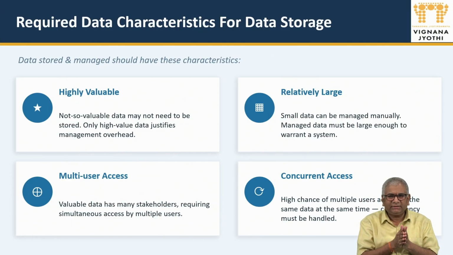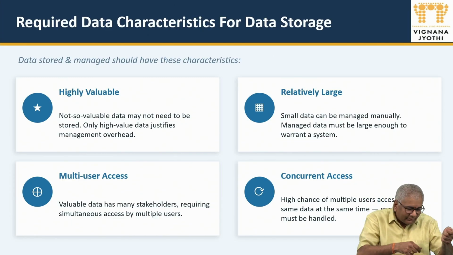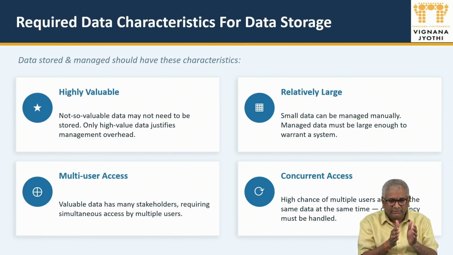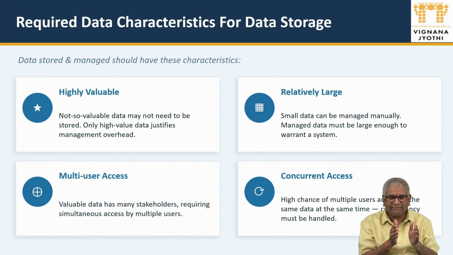You can't just write them on a paper and throw it away, and then again flounder around that paper and figure it out, right? That's very valuable data. So let's say you want to send a message to their parent, or you want to call a student, you need that data to be stored somewhere. So the primary criterion for data to be managed is it should be valuable data.